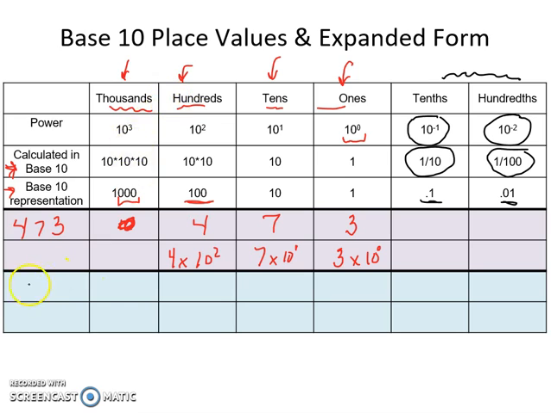So let's look at another one just for a quick review. So say we had 3,269. Notice our digits though. Remember in base 10, we have the digits 0, 1, 2, 3, 4, and so on up to 9. We don't have a digit for 10. And that's okay.